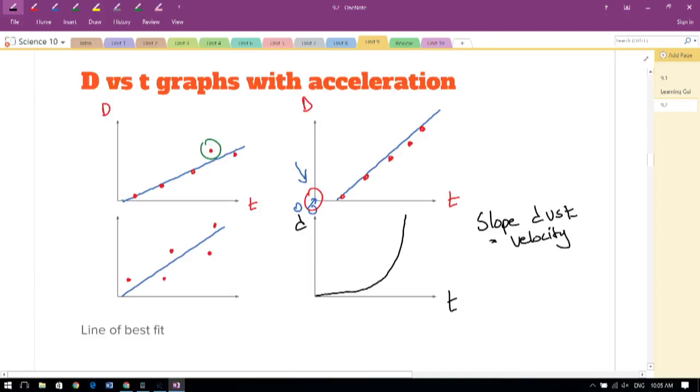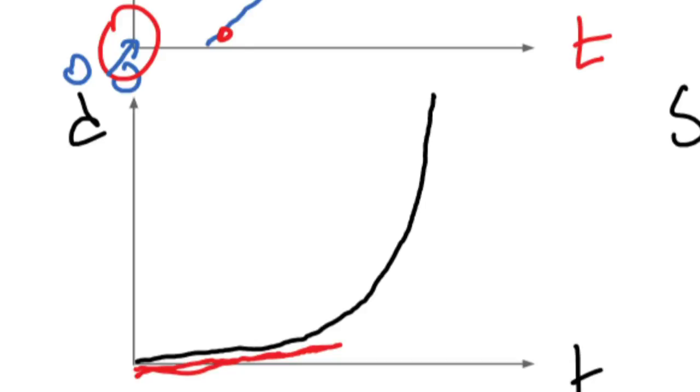So if I were to take the slope of the line at this very beginning portion down here, just kind of approximate it, would you say that slope was steep or not steep? Would it be really fast velocity or really close to zero velocity? What would you say that red line, this guy here, is kind of representing? Fast motion, slow motion?